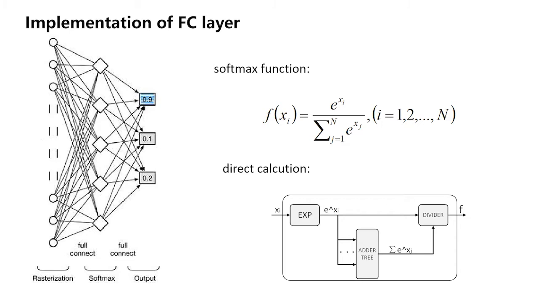After convolutions, pooling, and activation, the final layer of deep neural networks is usually a fully connected layer with a softmax function. As we can see in this equation, f(xi) equals e^xi divided by the sum of e^xj.